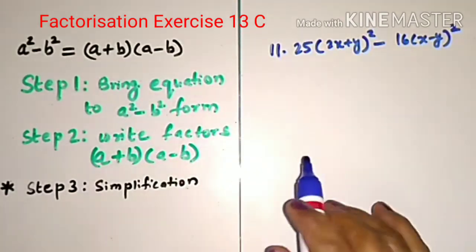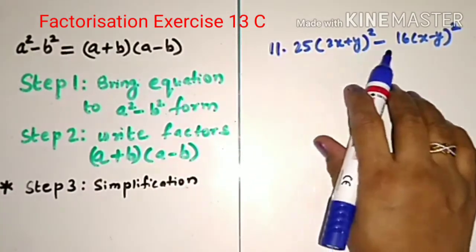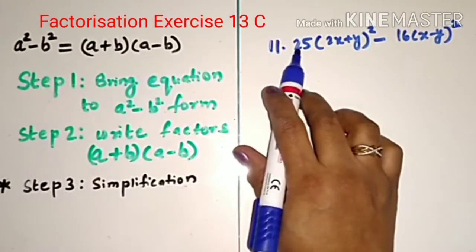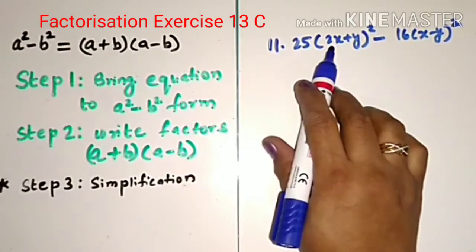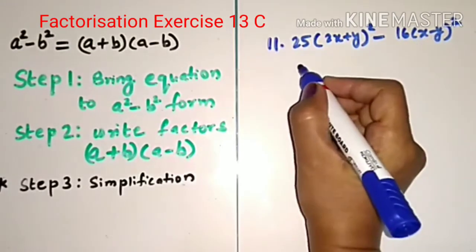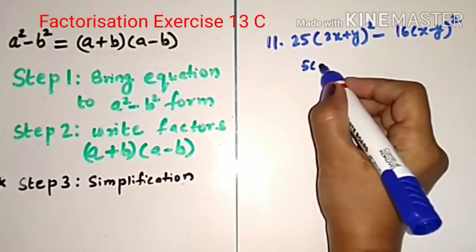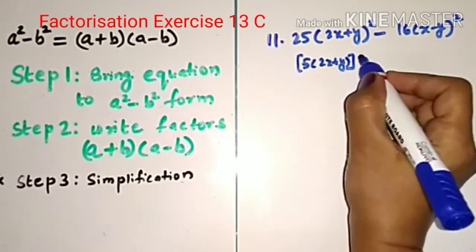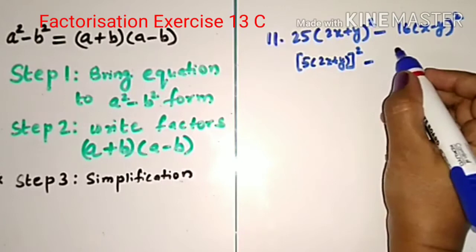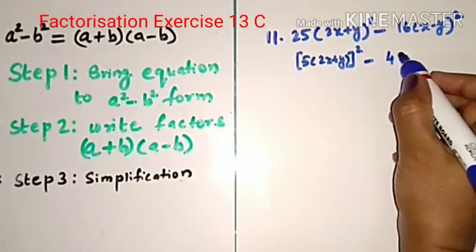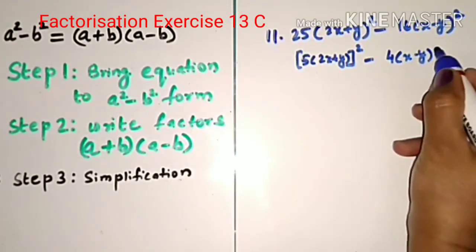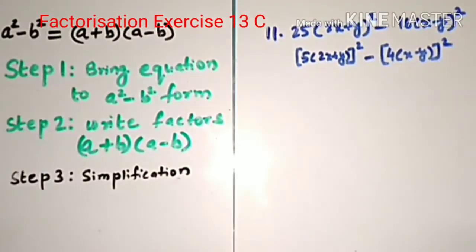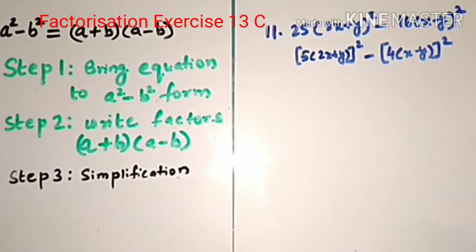Sum number 11. Is this in a square minus b square form? No. These numbers have to be taken inside the bracket and made whole square. So we will write it as (2x plus y) whole raised to square minus 16 also we'll write as (4x minus y) whole raised to square. Now this became our a square minus b square form.